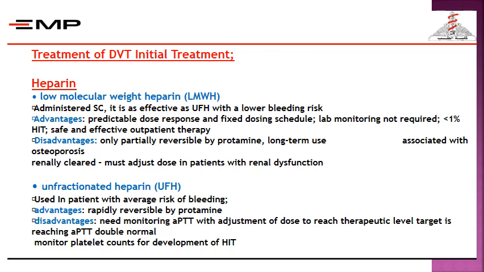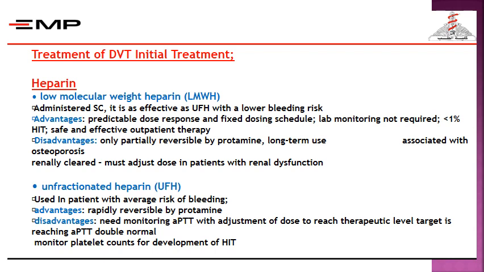Advantages: rapidly reversible by protamine. Meaning if I give an overdose or the patient is over-anticoagulated, I can reverse it by another medication called protamine. A disadvantage: it needs monitoring. I need to do the aPTT test, activated partial thromboplastin time, with adjustment of dose to reach a therapeutic target.